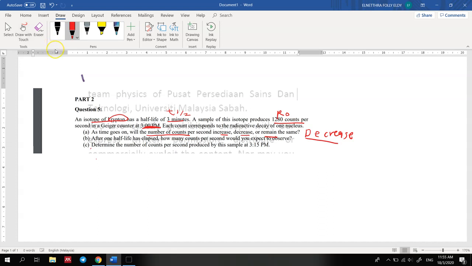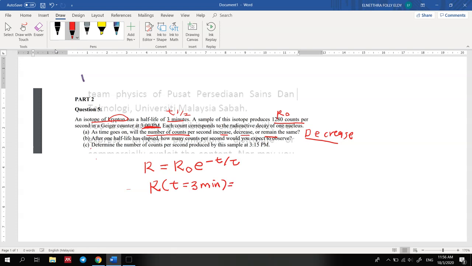Now B, you were asked to find how many counts per second you would expect to observe after one half-life. So I will start from this equation: R is equal to R0 exponent of negative t divided by the decay constant. The R here is the number of counts which I need to find when t is 3 minutes.